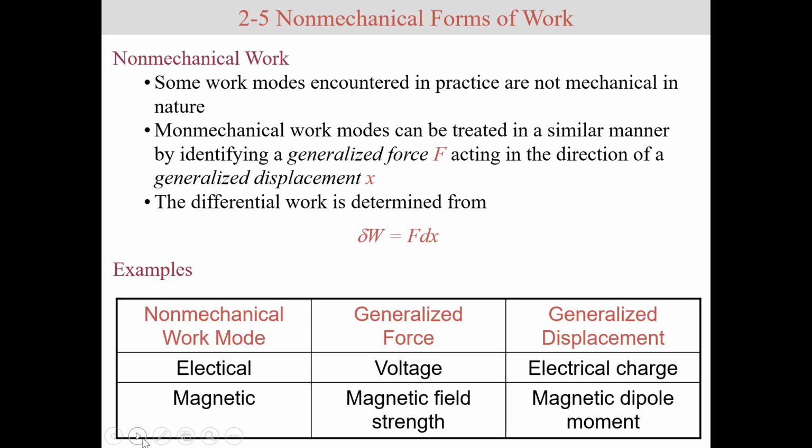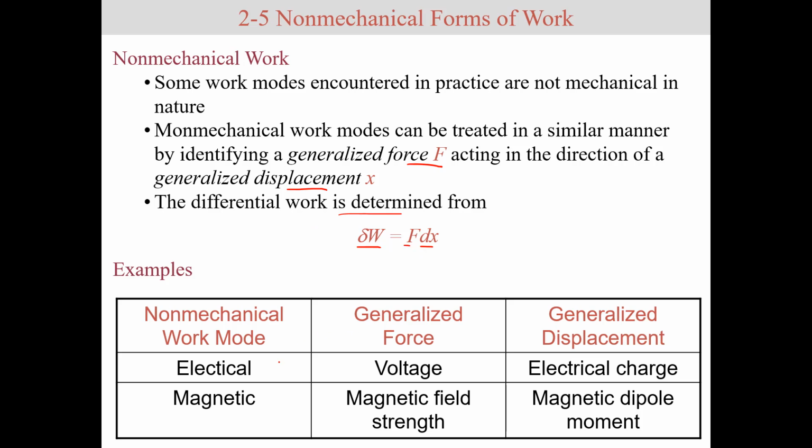There are other forms of work that are non-mechanical, right? Some work modes encountered in practice are not mechanical in nature. Non-mechanical work can be treated in a similar manner by identifying a generalized force acting in the direction of a generalized displacement. So the differential work is determined by, again, some force acting over a distance.